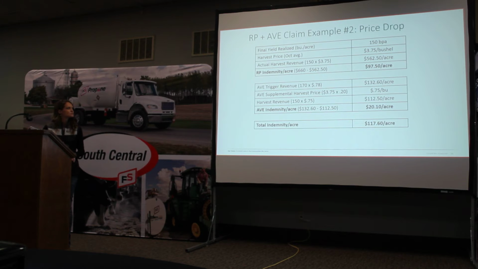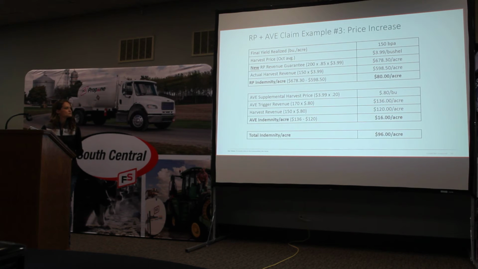Now, if the price goes up, like I said in the first two, we still had 150 bushel per acre, so we're below our guarantee. So we trigger a claim, but the price went up, so we're not going to get paid as much. But then you look down here in the ABE, we're still getting a payment on it. So this one I'm really excited about.